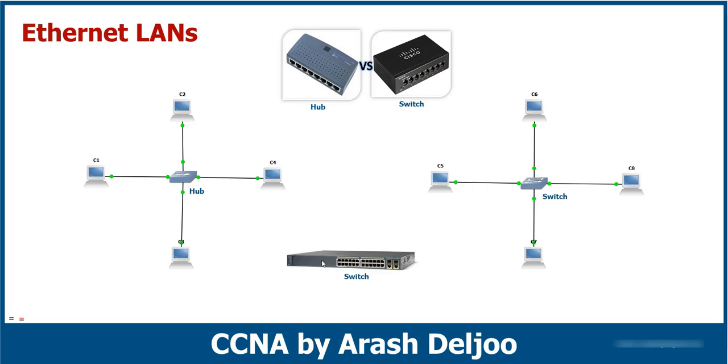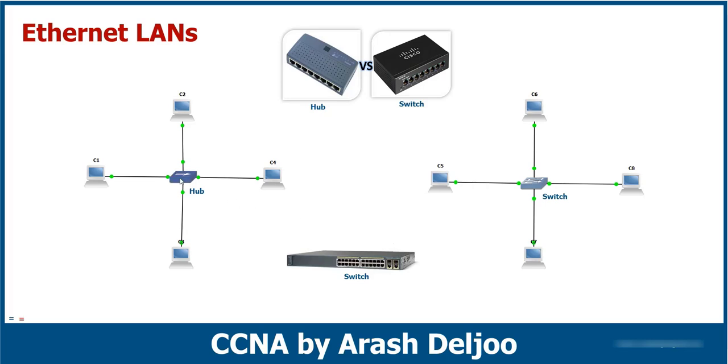All of the other switches have a similar shape, similar ports, for example Ethernet RJ45 ports, and also fiber link ports. But here I'm not going to talk about the physical side of the switch. I'm going to talk about the logical behavior of the hub and switch.